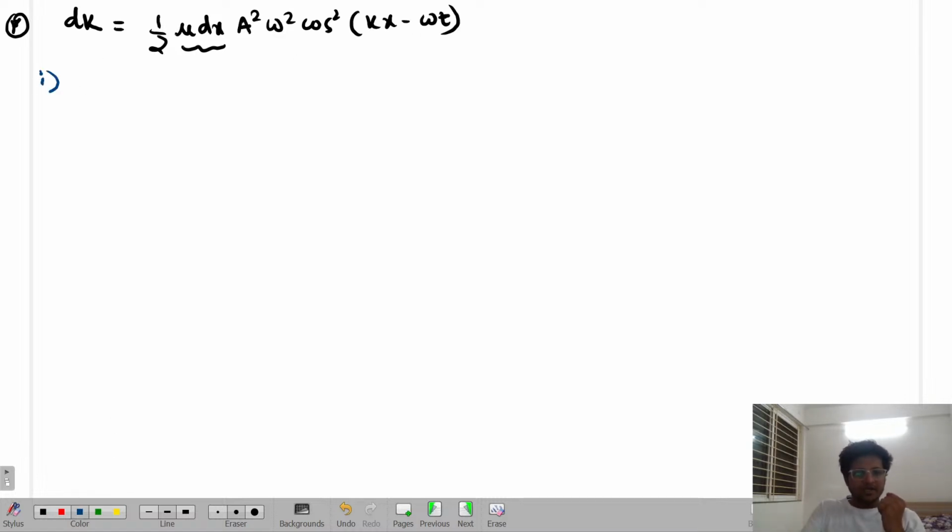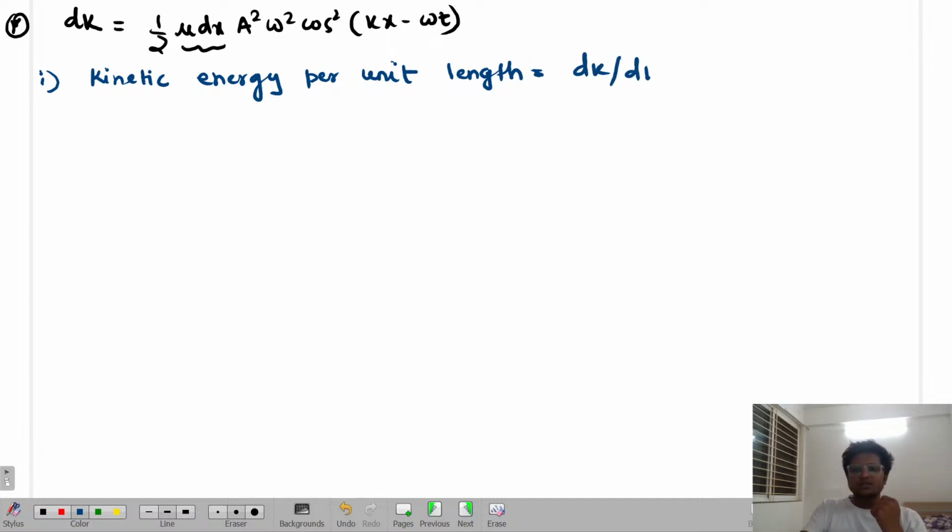But if I want to define kinetic energy per unit length, what do I want to define? Kinetic energy per unit length. Then I need to divide this by dx or not. Per unit length must be equal to dK by dx, isn't it? Are you able to get me or not?